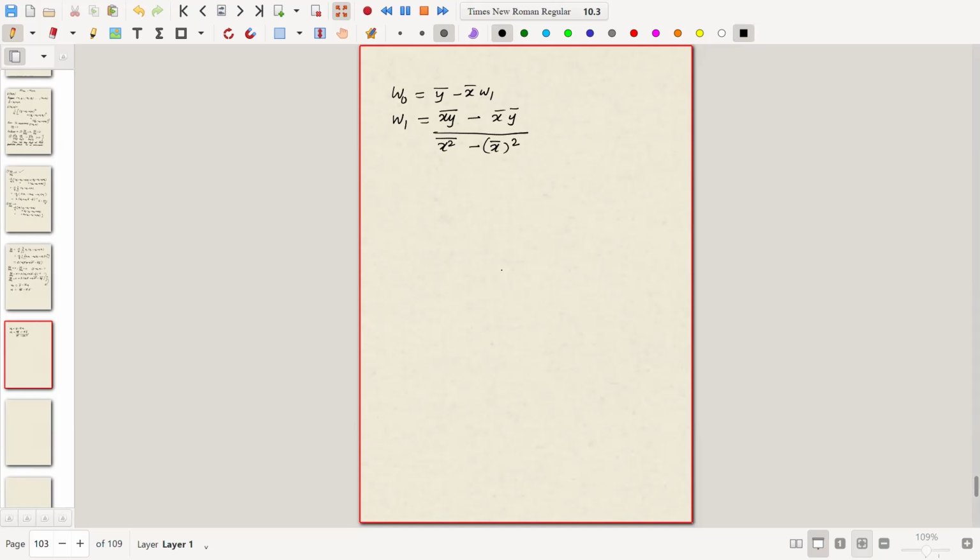Very careful with these quantities. All right. Very careful with these quantities, because the xy bar quantity is not the same as this quantity.